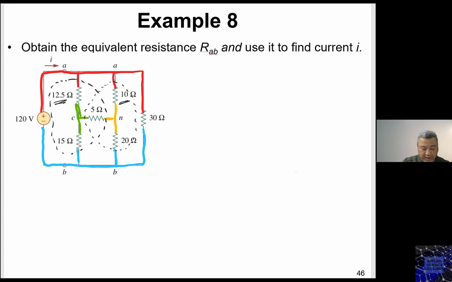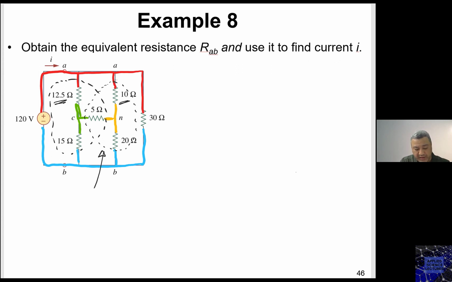So I will pick this Y, the 10, 20, and 5, and convert it into a delta. In order to do this, I will redraw my circuit here with slight modification to make it easier for me.